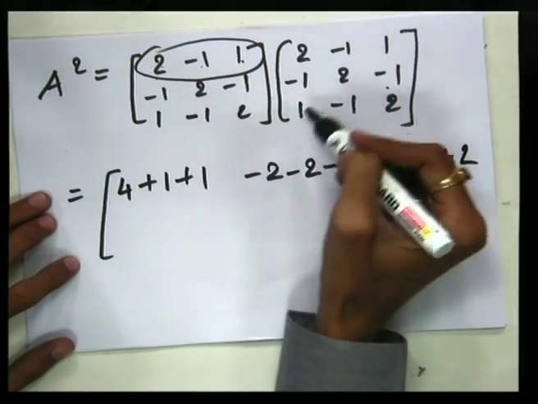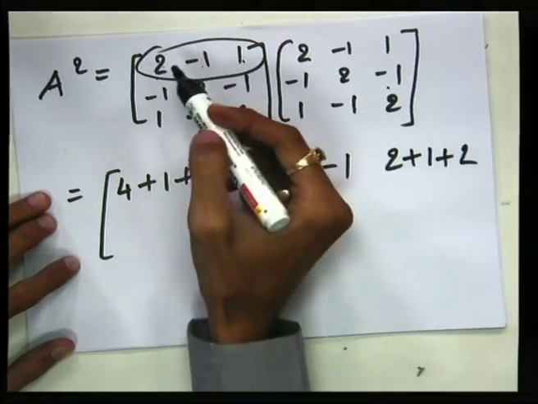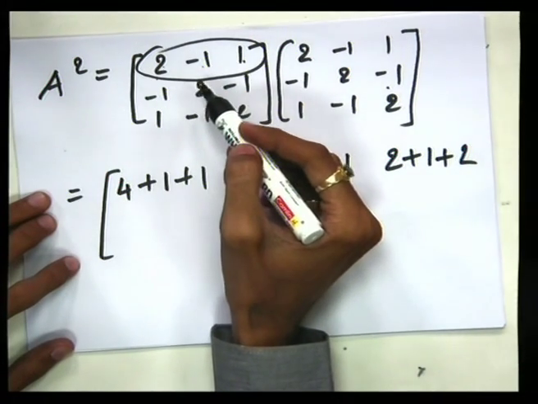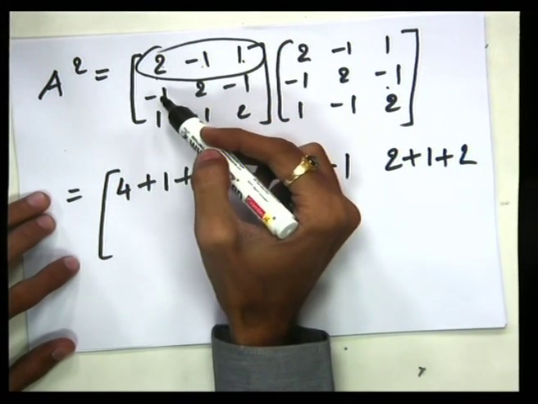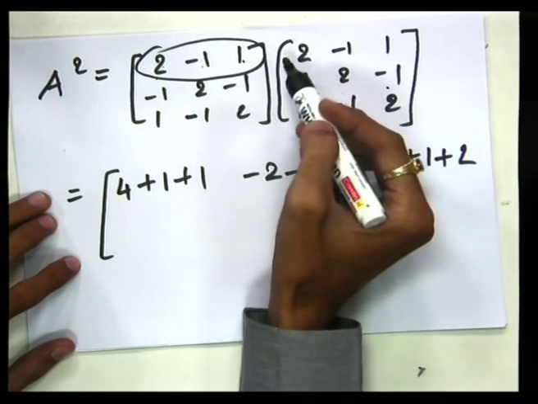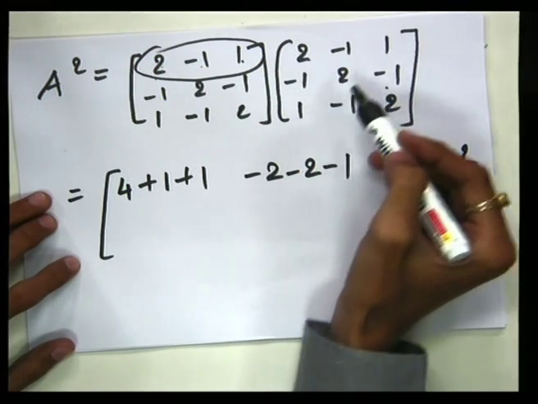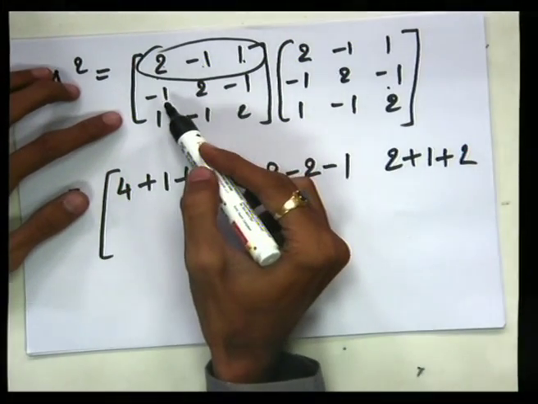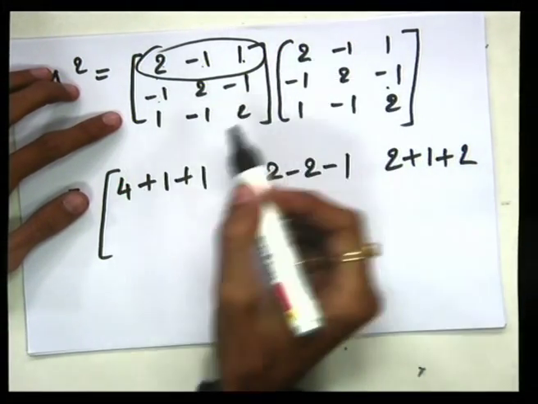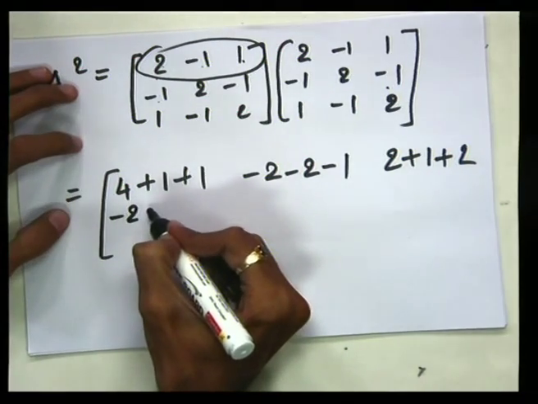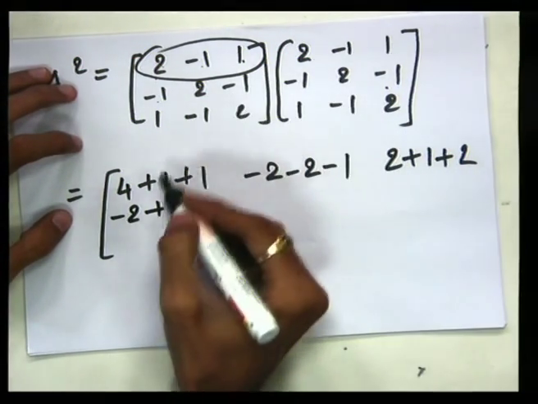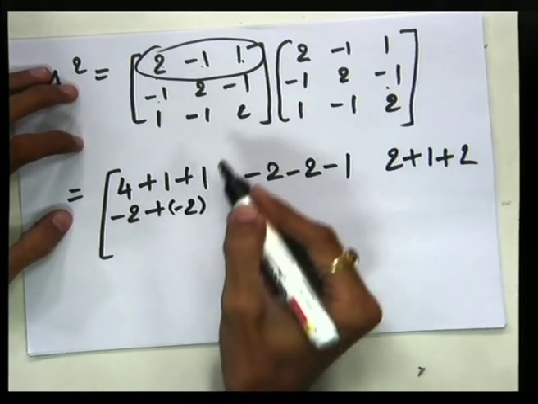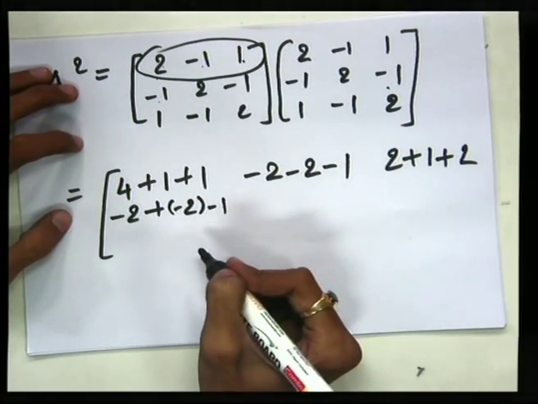Now all the three columns are done. Now we will change the row. Now we will concentrate on the second row, and multiply with the first column, second column, and third column. Quickly, if we multiply here, then we get minus 1 into 2 is minus 2, plus 2 into minus 1 is minus 2, and minus 1 into 1 is minus 1.